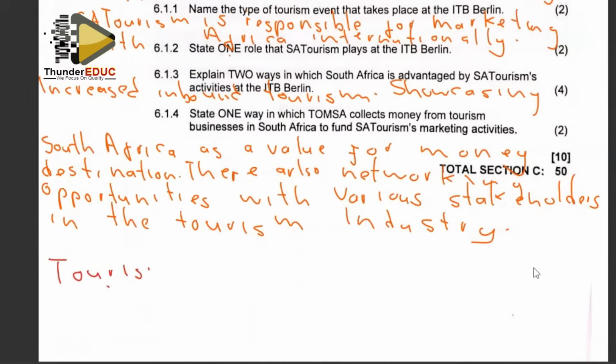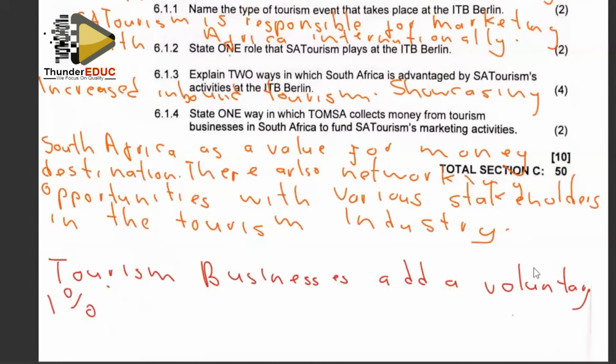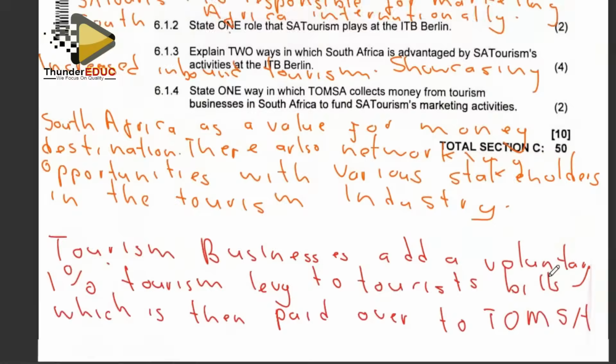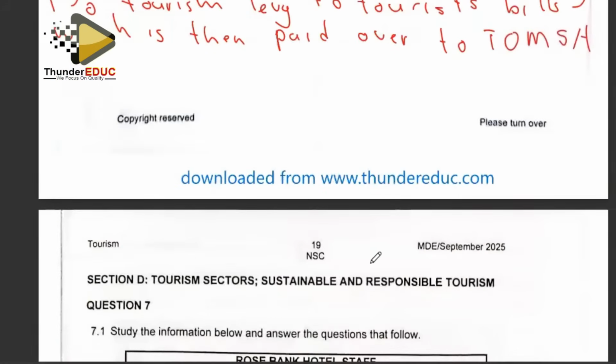Tourism businesses add a voluntary 1% tourism levy to tourist bills, which is then paid over to TOMSA, Tourism Marketing South Africa. So they collect a 1% levy from tourists. So that's how they fund the marketing activities.